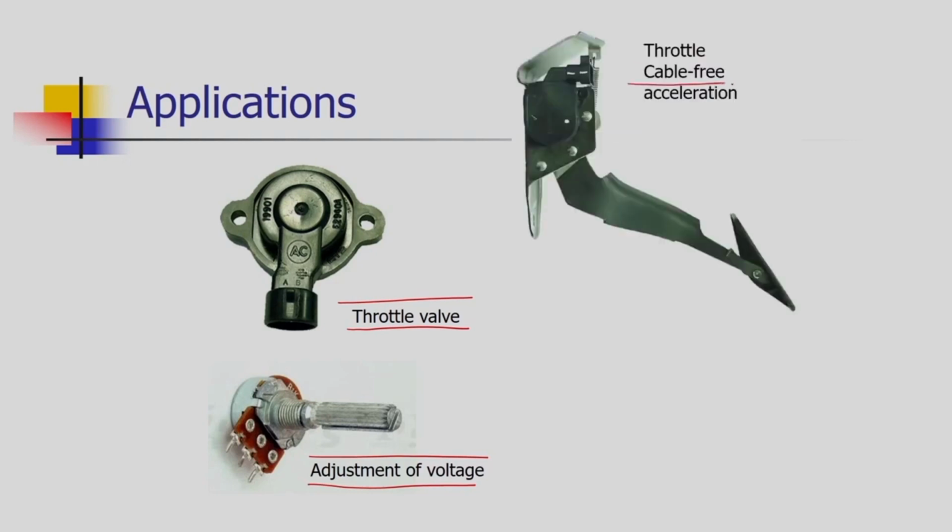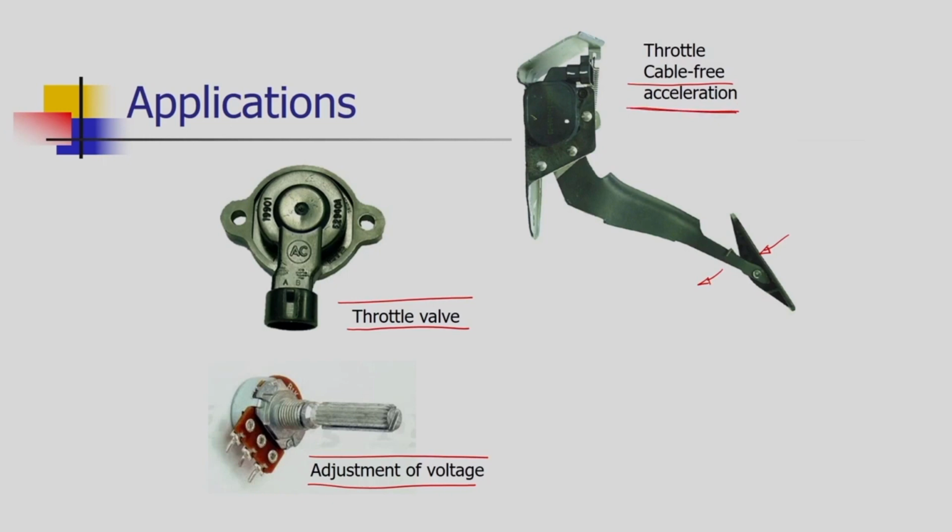Then for acceleration as well, there is the pedal, and when we apply pressure or force, the pedal gets displaced. We need to continuously monitor the displacement of the pedal, because this displacement is accelerating the automobile or some process.